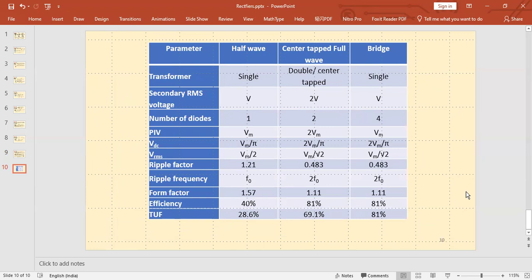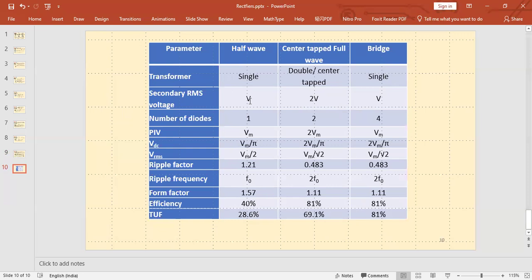In the next slide, I have shown you a chart. If you can visually remember this chart, it will be very useful to you. This is a half-wave rectifier, center-tapped full-wave rectifier, and a bridge rectifier. Transformer: for the half-wave rectifier you need a single secondary, for center tap you need a double secondary, for bridge you need a single. So for half-wave and bridge rectifiers, the transformer is easier and simpler.